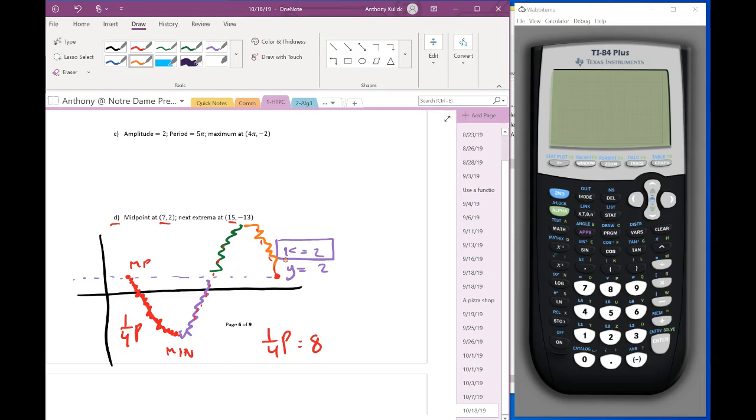If that helps at all. So if you're going max to min, you have to pass a midpoint in there, so it's 2 quarters or a half. Same idea. Anyway, so the period is 32, which has to equal 2 pi c, which is going to be 16 over pi for my value for c.